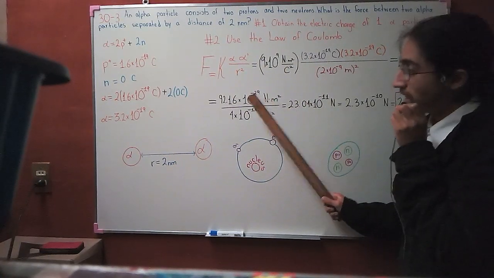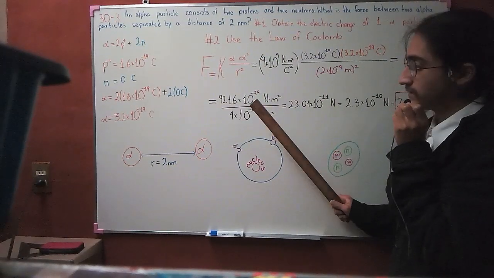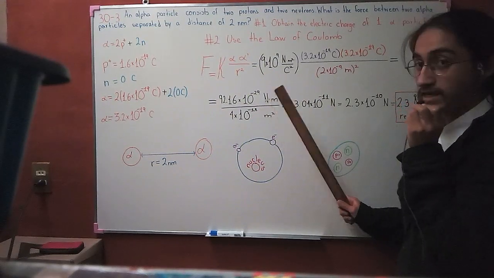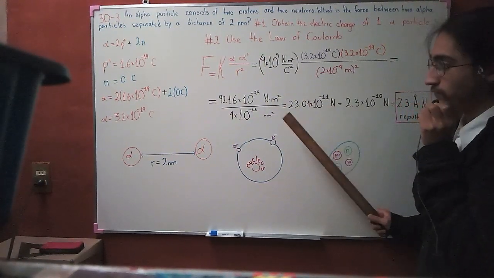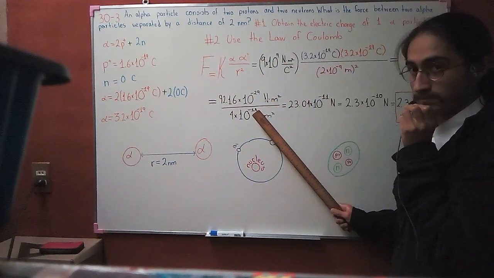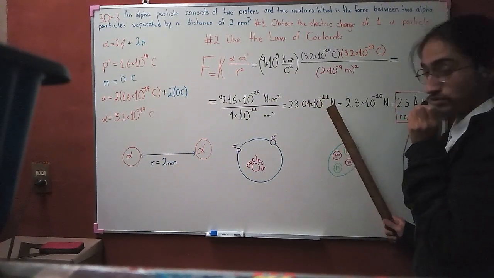And 10 raised to the power of negative 29 divided by 10 raised to the power of negative 18 is equal to 10 raised to the power of negative 29 minus negative 18. That is equal to negative 11 newtons.